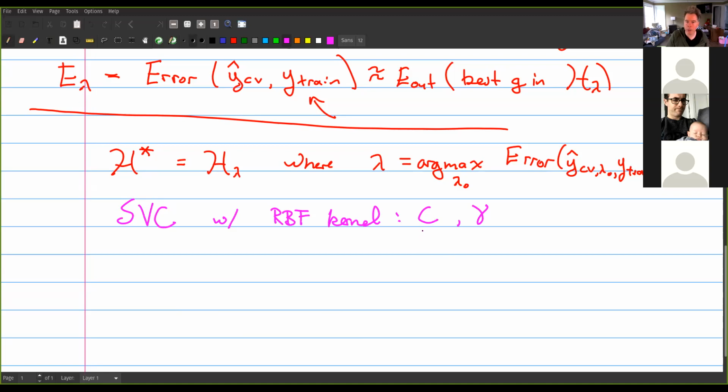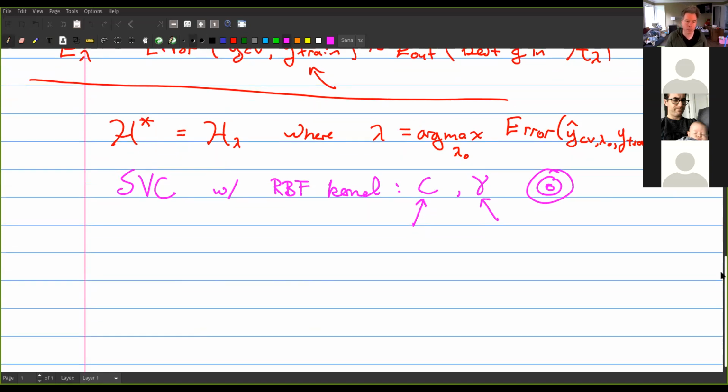C is how much the support vector machine hates slack, and gamma is how far the influence of each support vector extends over the other points being considered. I hope you remember the RBF stuff that we did last time. Gamma affects the steepness of the mountain that's surrounding the landmarks, which in this case will be the support vectors.